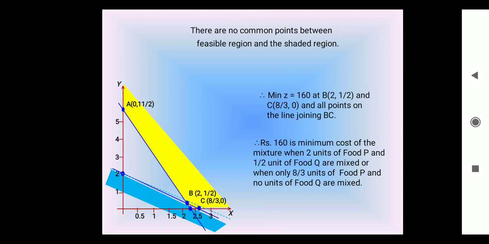Hence, our linear objective function has minimum value at the points B (2, 1/2) and C (8/3, 0), whose minimum value is 160. This is about the first problem.